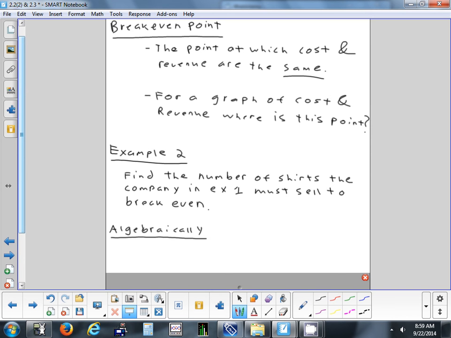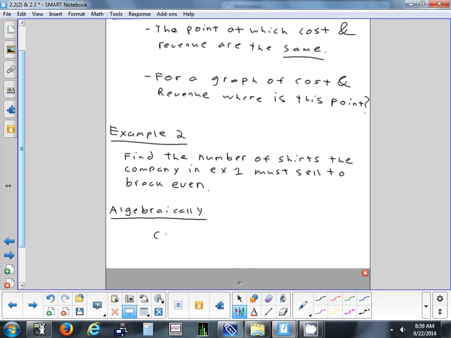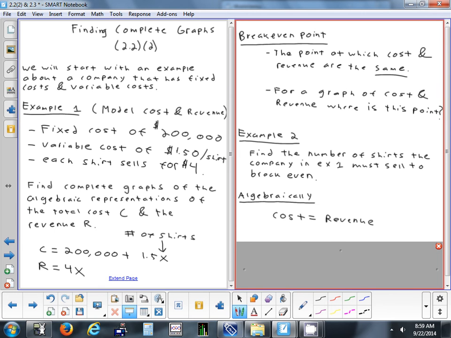Okay, what's the idea of a break-even point? It's where, Michael, it's where what equals what? Just in general terms. Revenue equals cost? Exactly. Okay, so algebraically, we have to set cost equal to revenue. So we just need to look up our formulas for cost and for revenue.